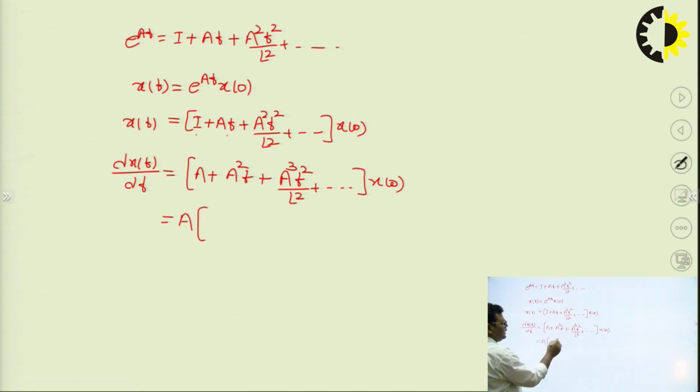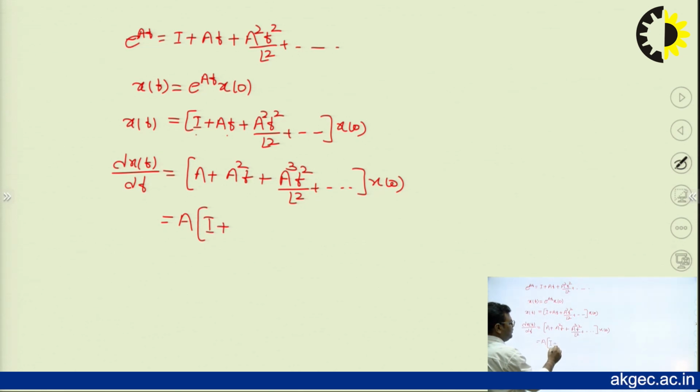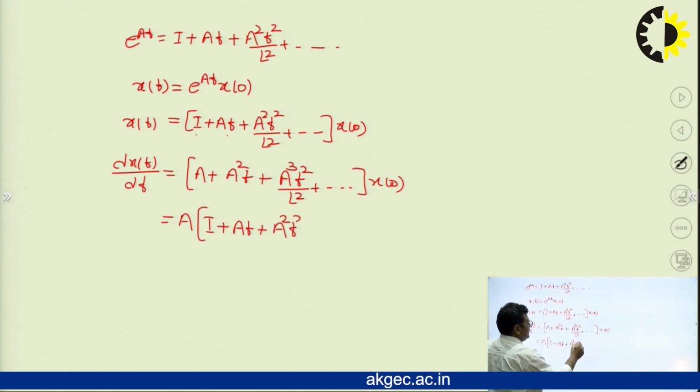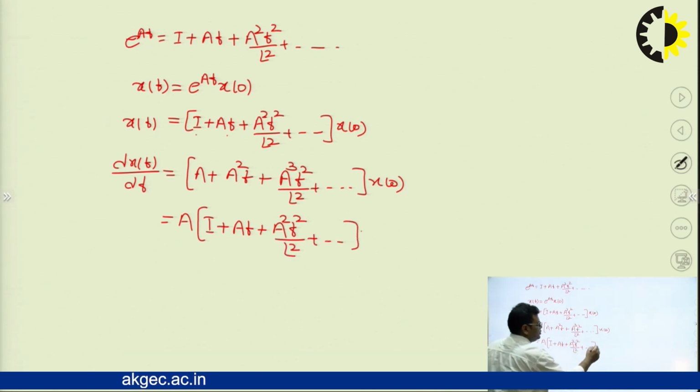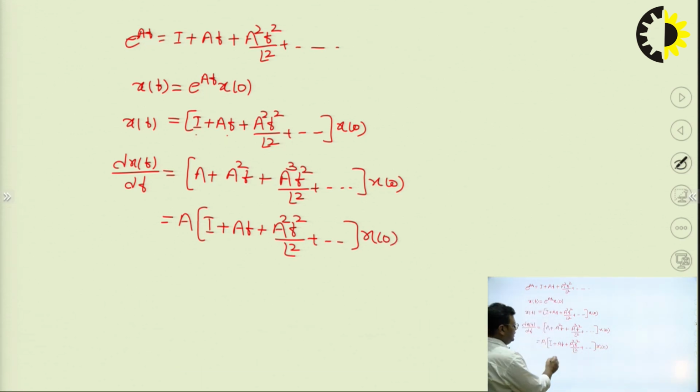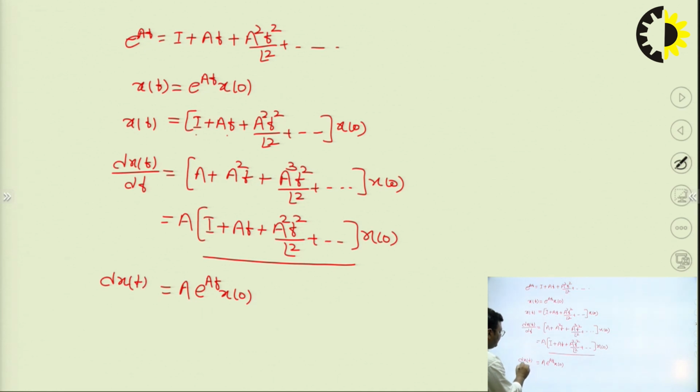So if I take A common, it will be I plus At plus A square t square by factorial 2 and so on, into x naught. This is nothing but e to the power At, so I can write it as A into e to the power At into x naught, and this is the derivative of x(t) with respect to t.